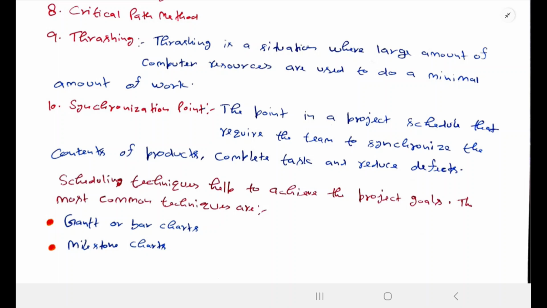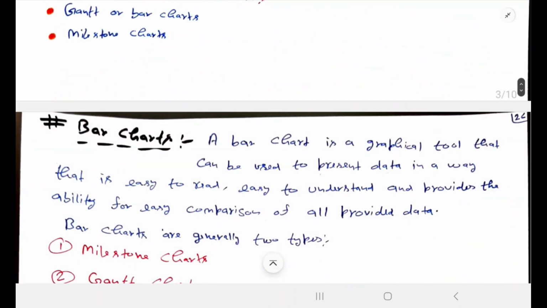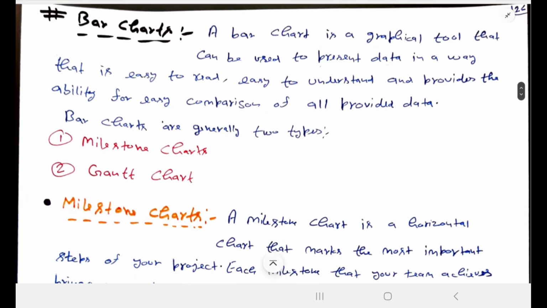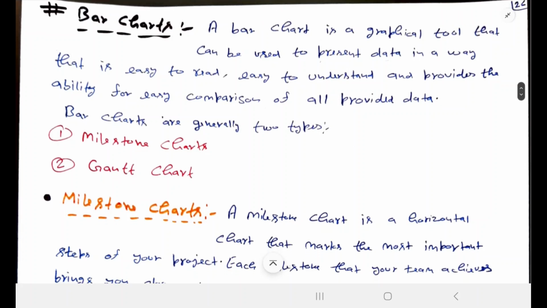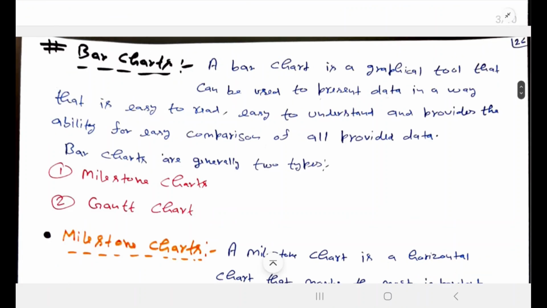Here we have two most common scheduling techniques which we will follow in any project. A well-known chart, that is Gantt chart, and the milestone chart. This is called bar chart as well. These two charts we will prepare, this scheduling in the form of charts. A bar chart is a graphical tool.